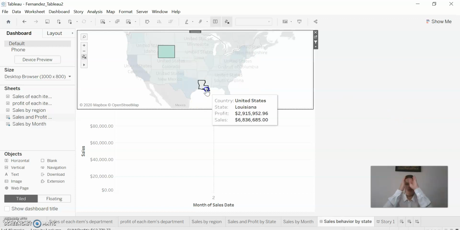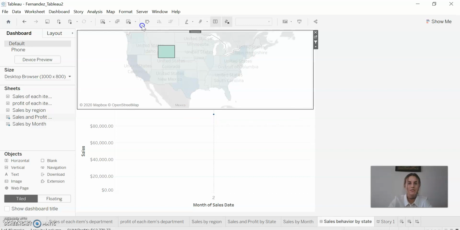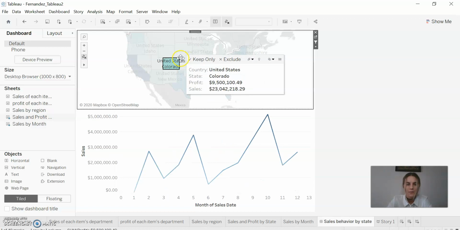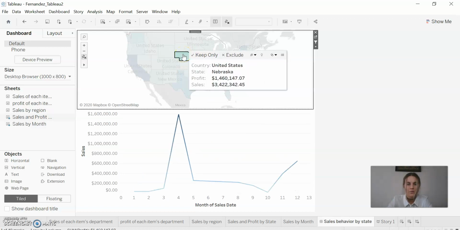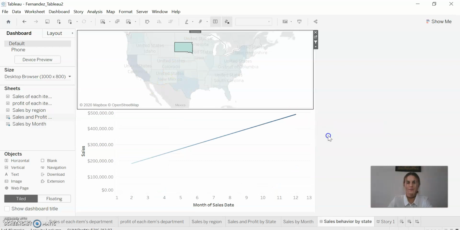I guess that the information, well, it was in the directions of the assignment. It said that the information wasn't clean, or it may have some mistakes. I guess this is one of them, because there's no way that in only one month you can make this much in sales. But yeah, so you can see how the sales behave in the different months.